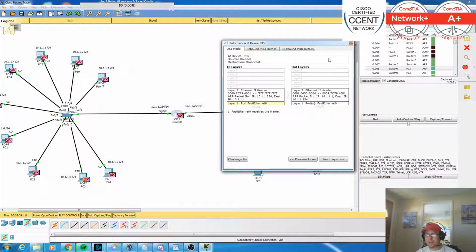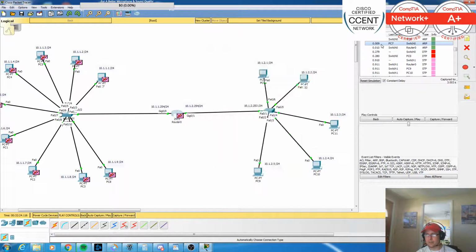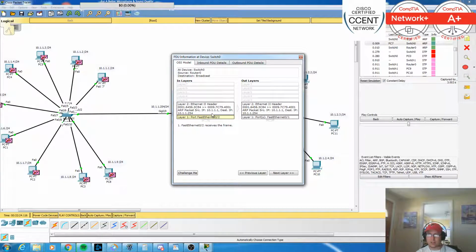Now what happens if we go down here and we get a reply from, I think that is PC 7. So once we get our reply from PC 7 here, it's going down, we get it right here. Let's look at its in layer. So its destination address. Notice now the source address is 10.1.1.1.